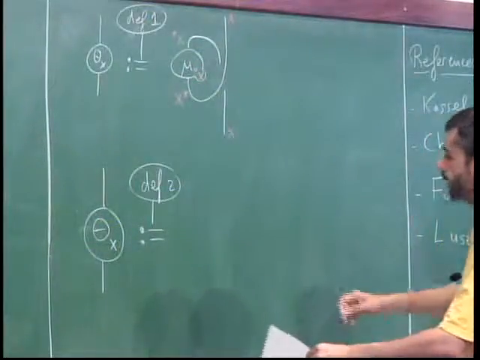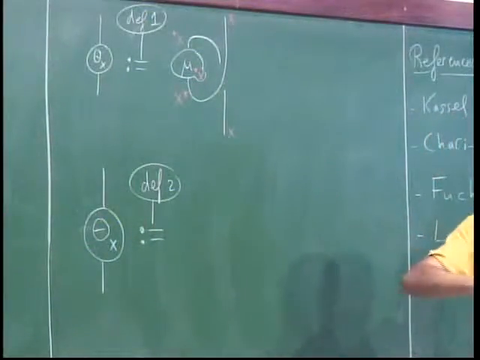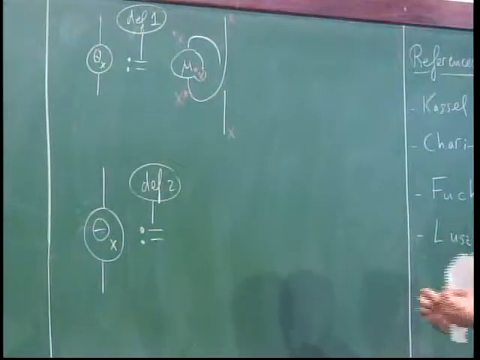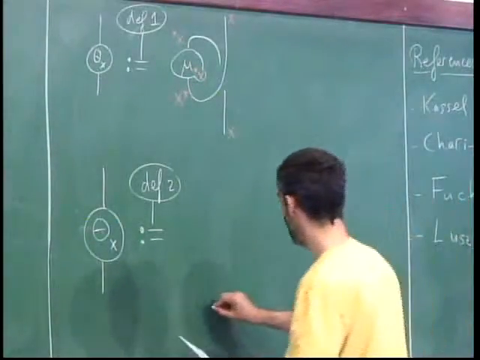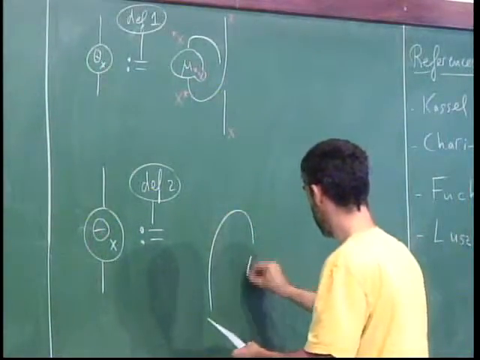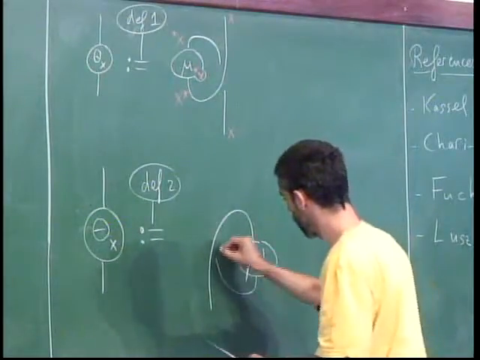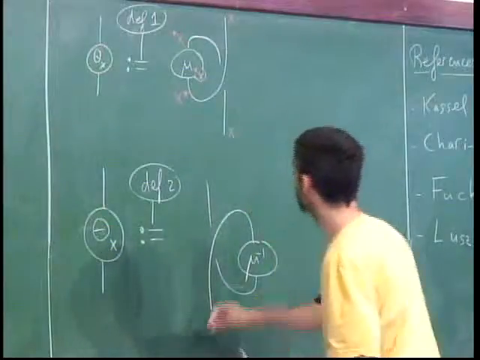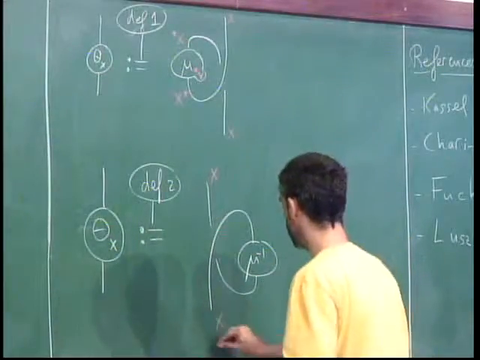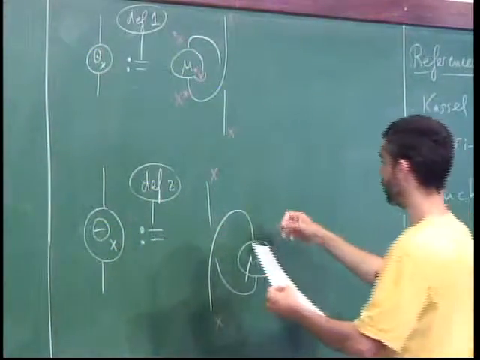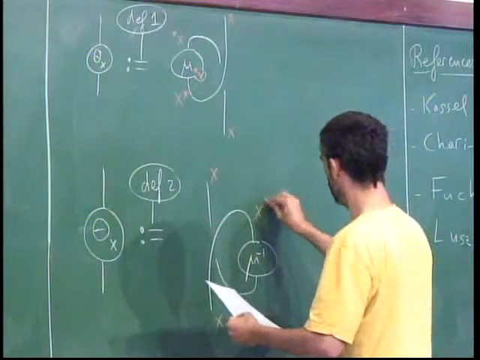You could say, let's have the twirly go on the right side. So this is what you get. Now it's going to be a mu inverse. So this is x, this is x. That's the other kind of dual, namely the right dual.